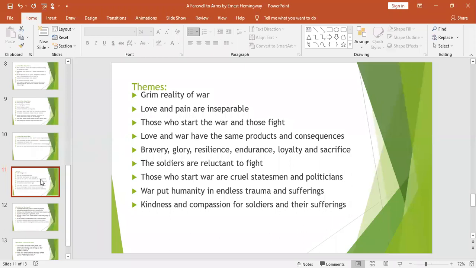As we know, British imperialism and British expansion were there, and the Germans wanted the same expansion too.